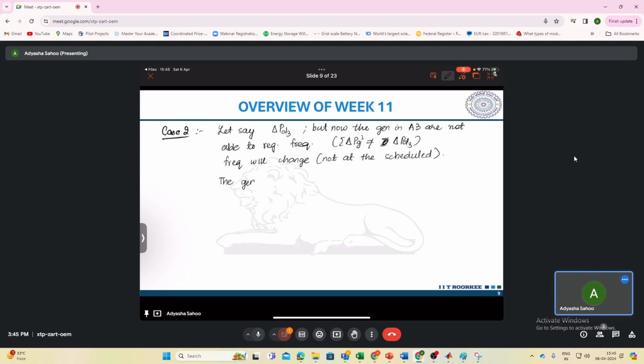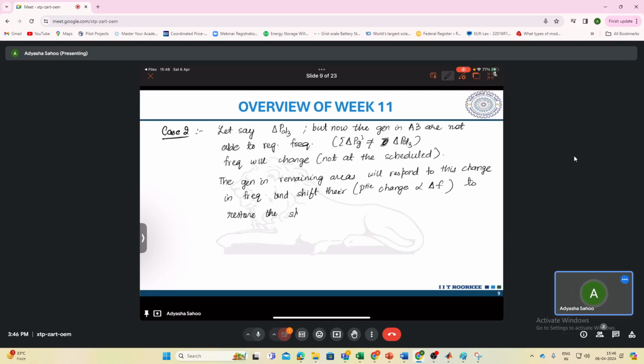Whenever the scheduled frequency changes, the generators in the remaining areas will respond to this change in frequency, and they will shift their power so that the tie-line power will change in accordance with the change in frequency, to restore the system frequency.